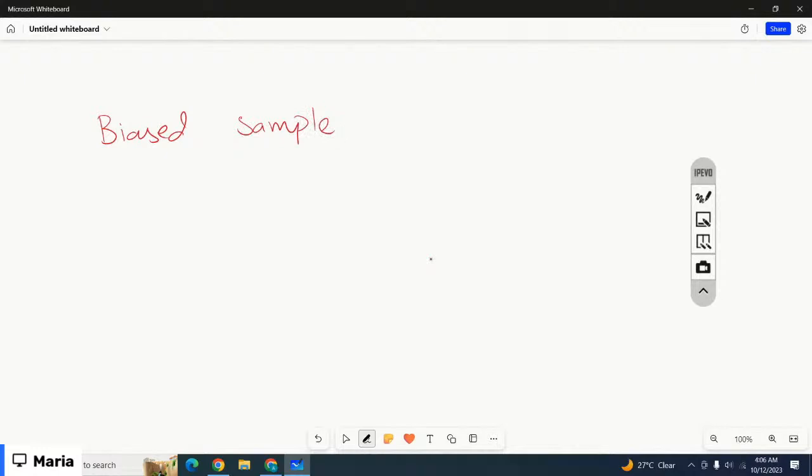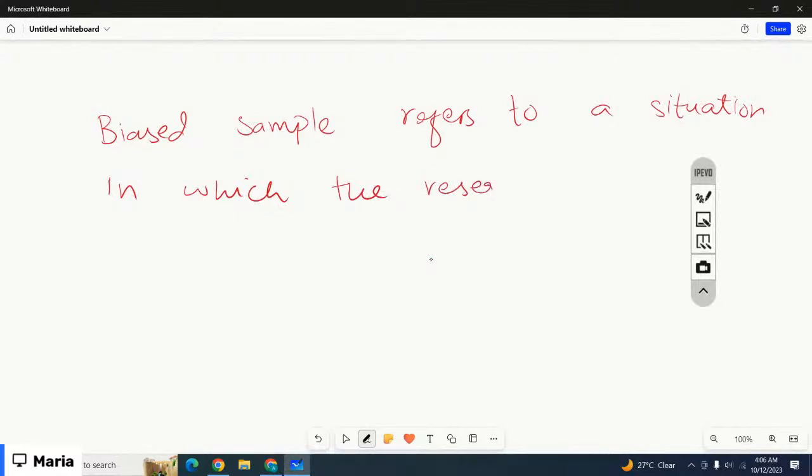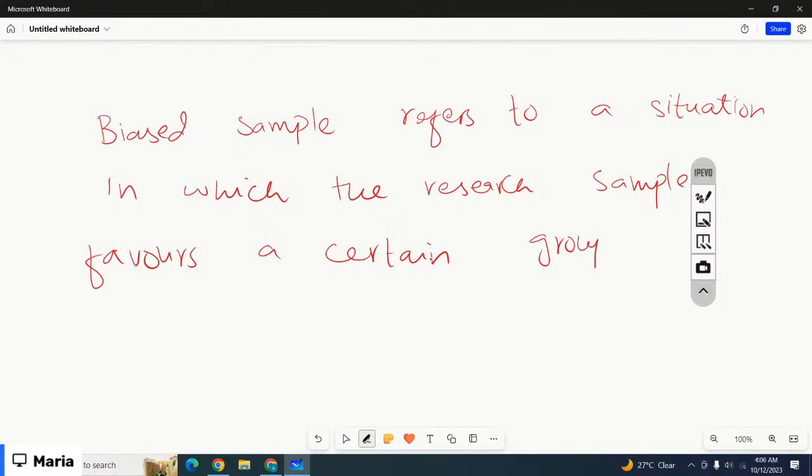Biased sample refers to a situation in which the research sample favors a certain group of people. That is the biased sample, right?